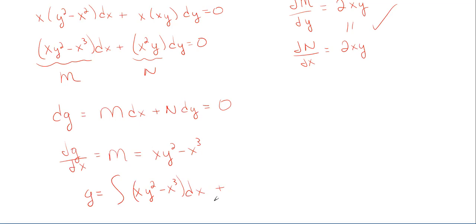And then we are going to have to add on a constant. Like with all integration, you have to add on a constant after you work through it. But since we are taking the partial derivative with respect to x, our constant may not just be a constant number. It may be an actual equation that contains a y variable. So we have to write it as h of y because this constant may actually be a y variable constant.